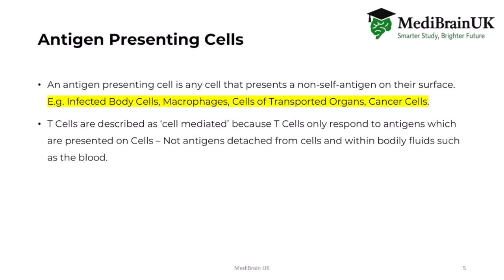Where do these antigens come from? Infected body cells, macrophages, cells of transplanted organs, and cancer cells. That's why organ transplant can be risky, because the immune system can reject the organ. The organ doesn't have the same antigens which the immune system of the person recognizes.